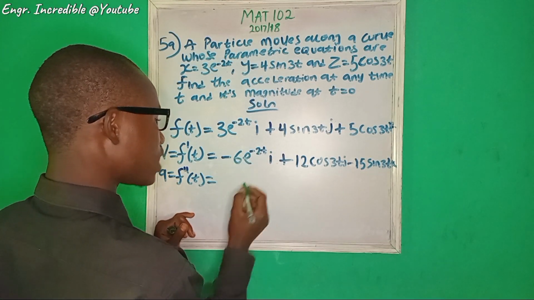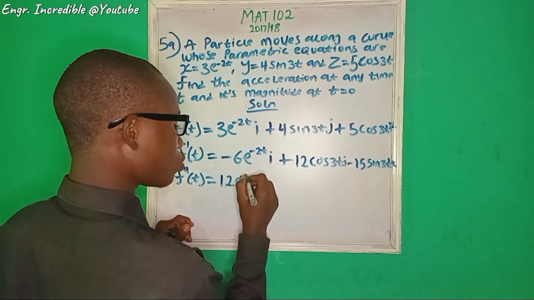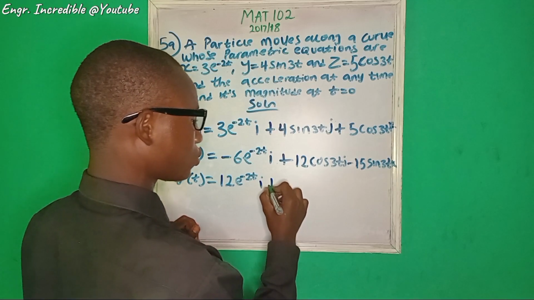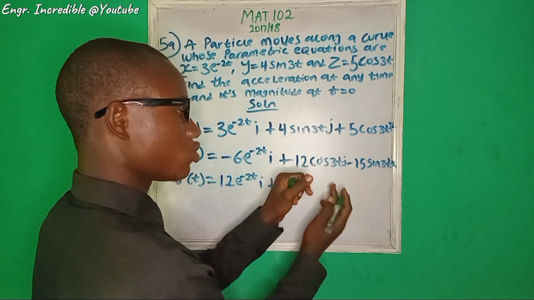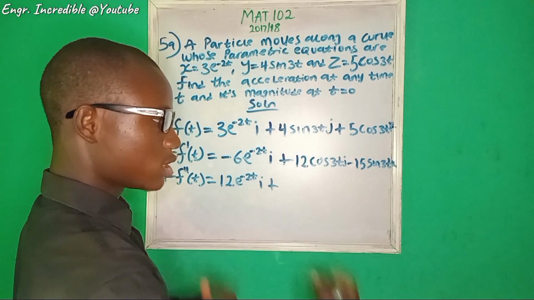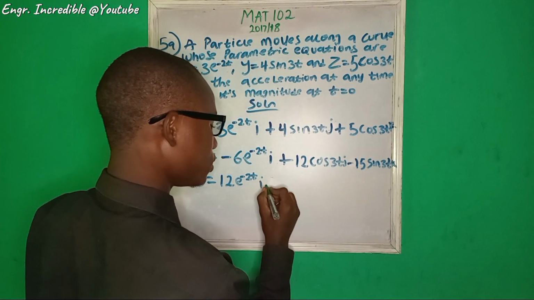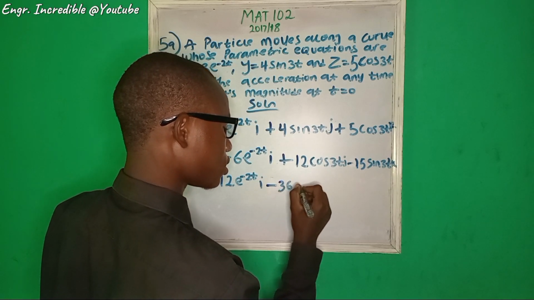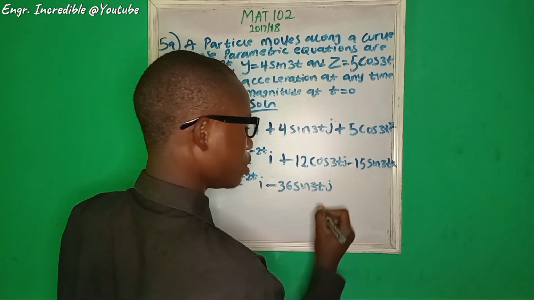We have minus 2 times minus 6, that is 12 e raised to the power minus 2t i, then plus, we differentiate this one again, it cannot be plus again, it turns to minus, because when we differentiate cos, it changes to a negative sign, so it will become minus 3 times 12, 36 sin 3t j.